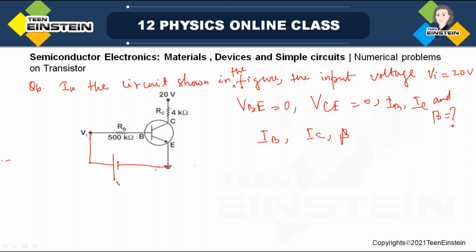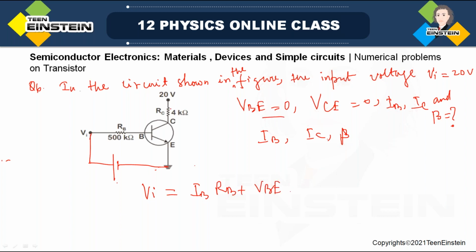Okay, so this is 20. Now according to Kirchhoff's voltage law, what we can write is, see, this is V input, that is the total power, which will be equal to RB IB plus VBE.